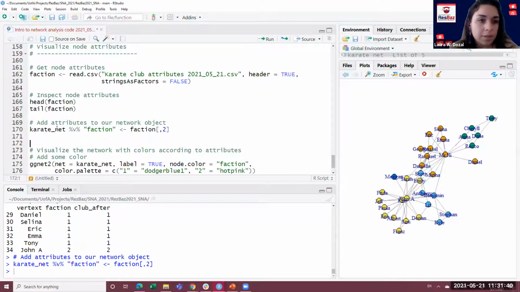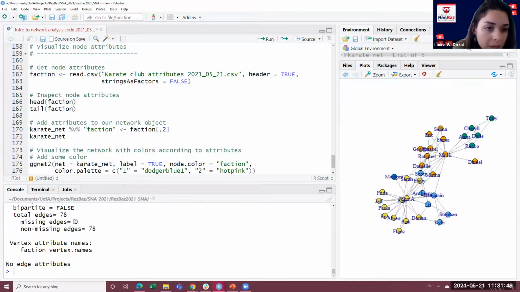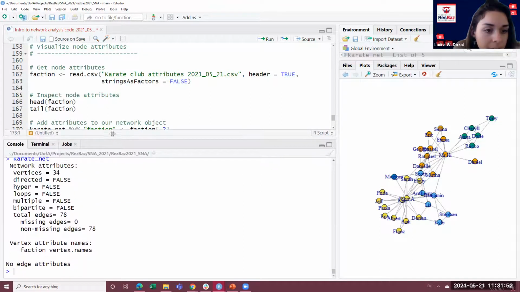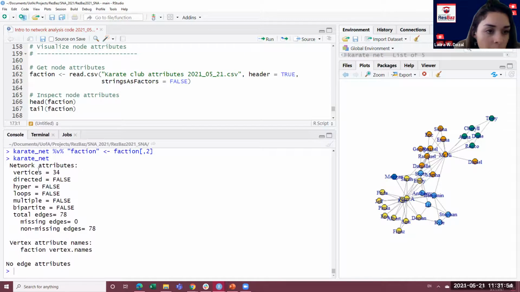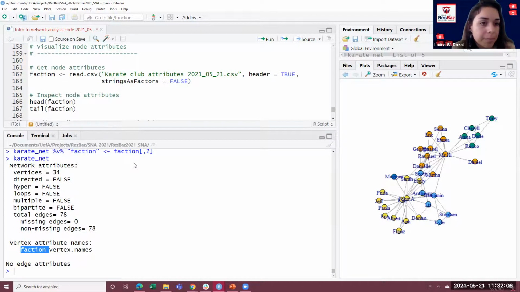We can actually see if I can remember if this shows us cool stuff. No, let's see. Oh yeah, here we go. So now instead of just the vertex names, we have the vertex names within each faction. And the rest of the network setup is the same.